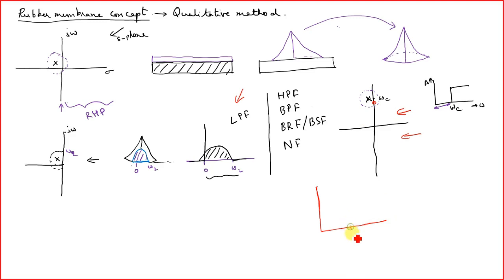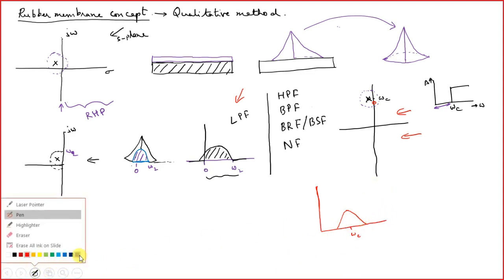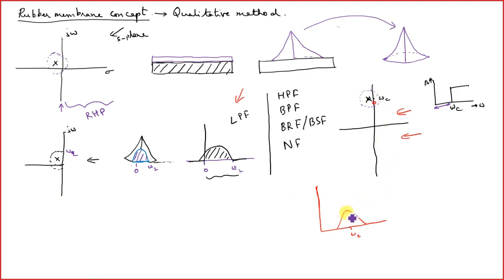At omega c, you are having a maximum. It should have been something like that if you would have cut it without the 0. Now since we have suppressed it with a 0, it is a rubber membrane, right?